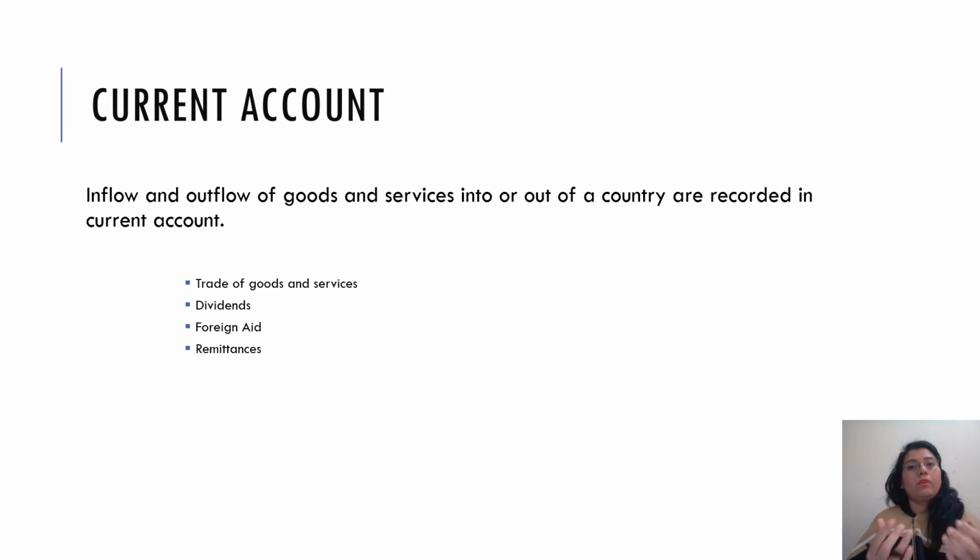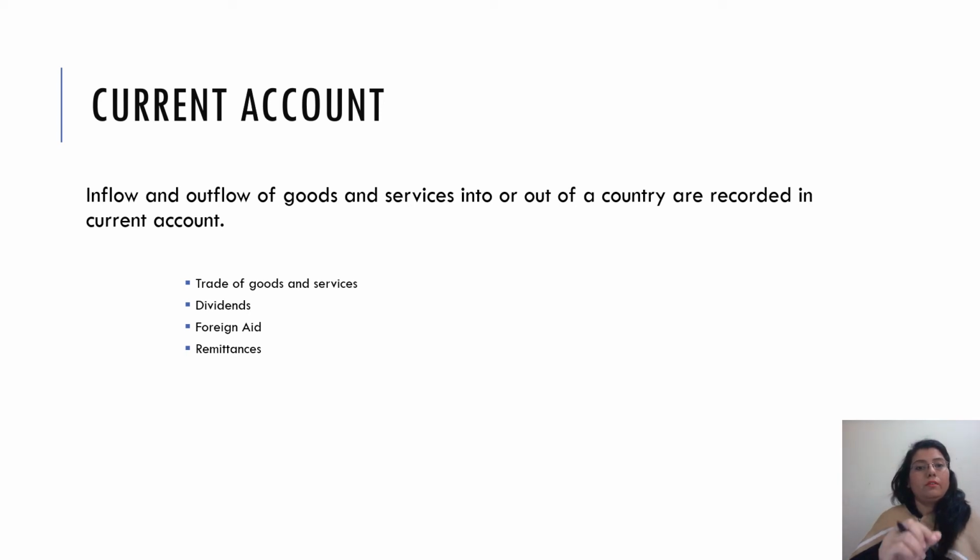Foreign aid, if our country receives any kind of aid, we will record that aid in the current account. Remittances. What is remittance? When our country's people are working in a foreign country and they send money to their home country, that will be recorded in the current account.